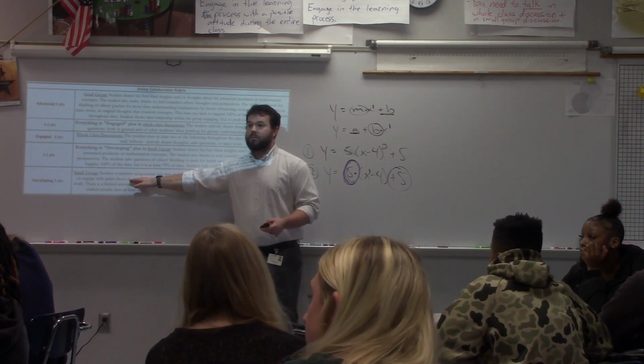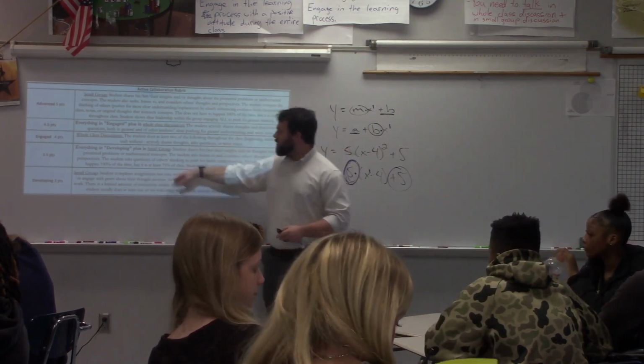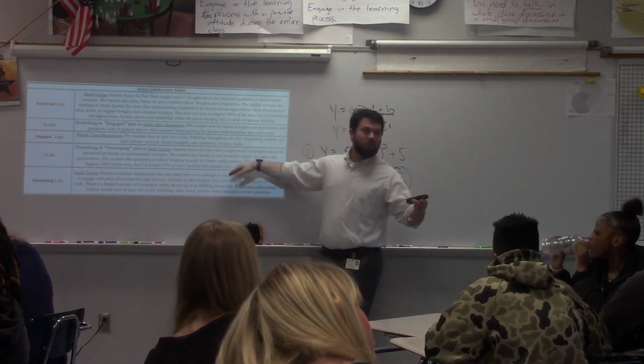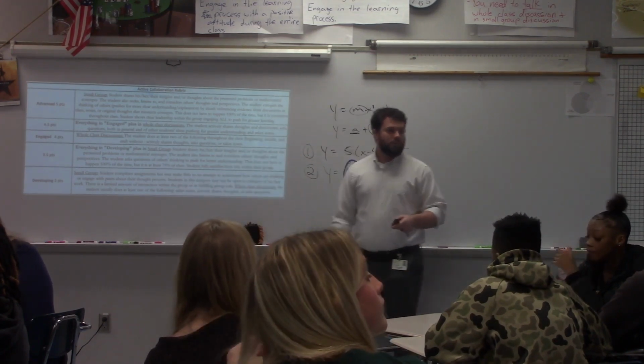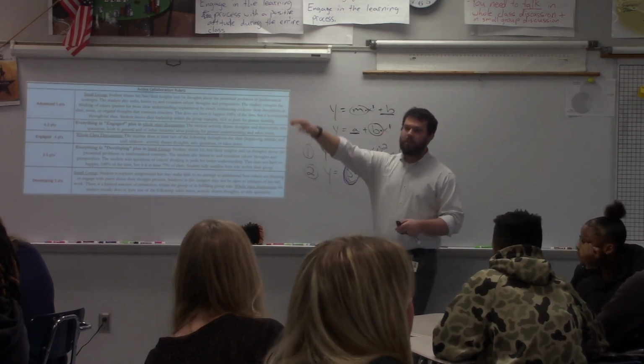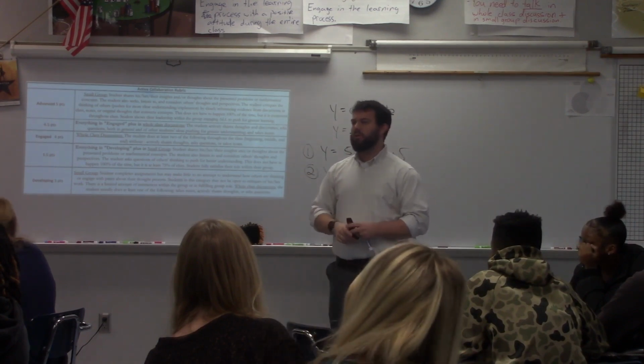Now to go from that 3 to that 3.5, that's still small group. So Tevin, what are you going to have to do in the small group to go from the 3 to 3.5? You're going to have to talk within your small group. You're going to have to actively collaborate. And I need y'all to hear me on this. One person should not be doing all the work on the board.